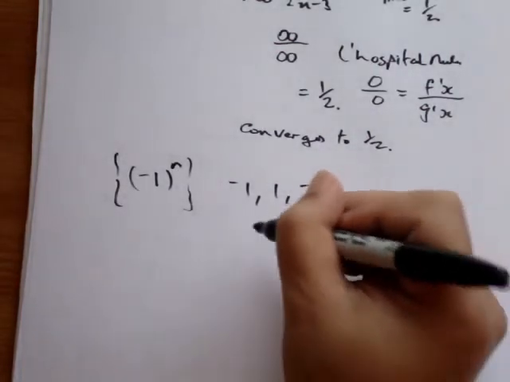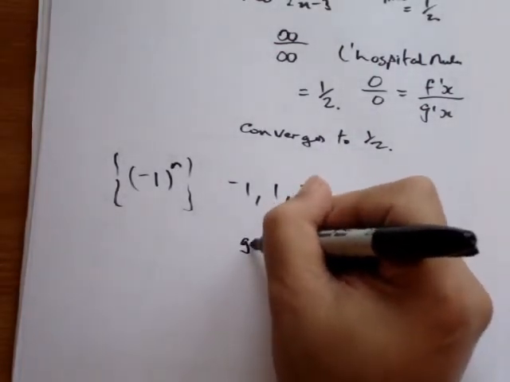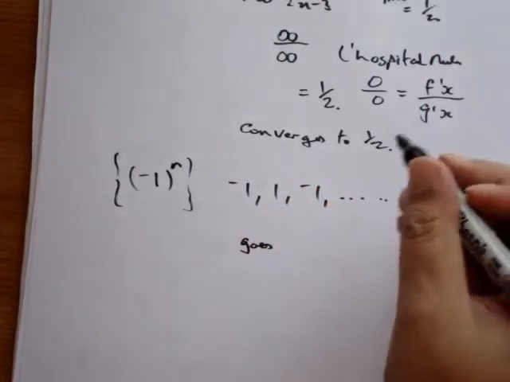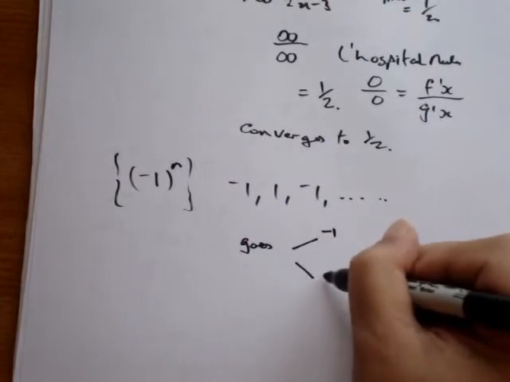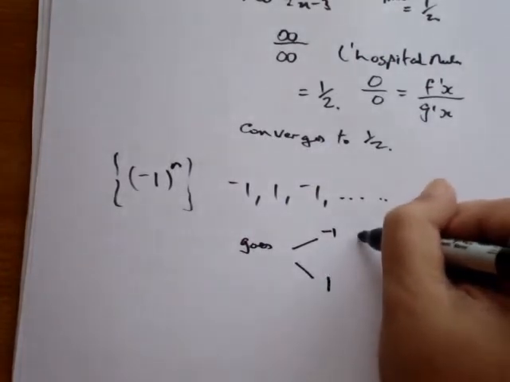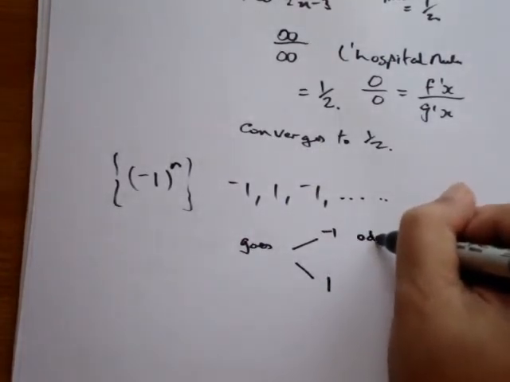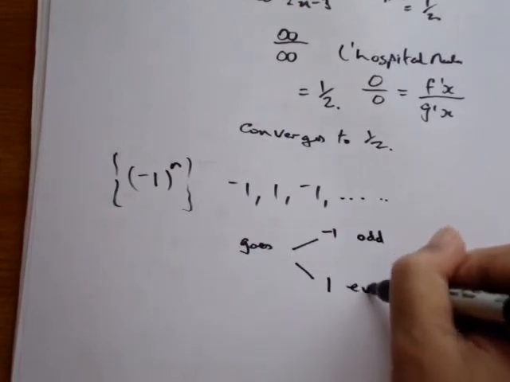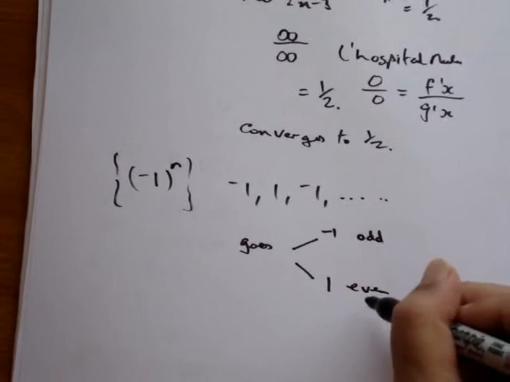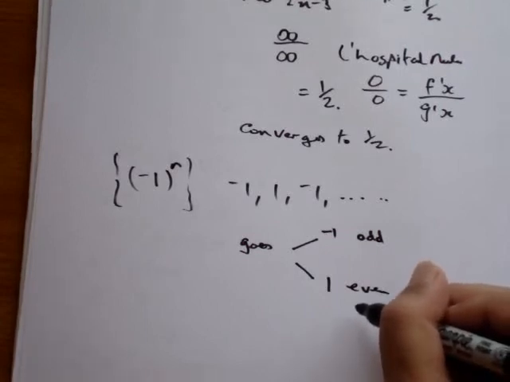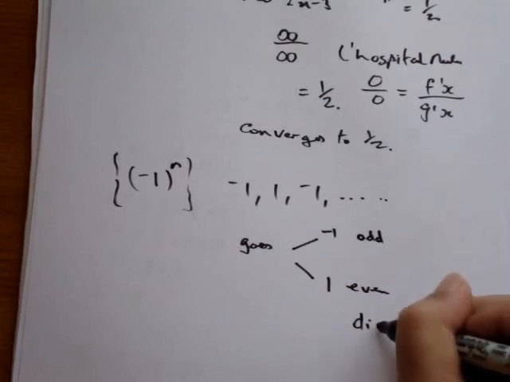So when n approaches infinity, we have two cases where it goes to either minus 1 or 1. This is when n is odd, and this is when n is even. So we get the sequence divergence, so we say it diverges.